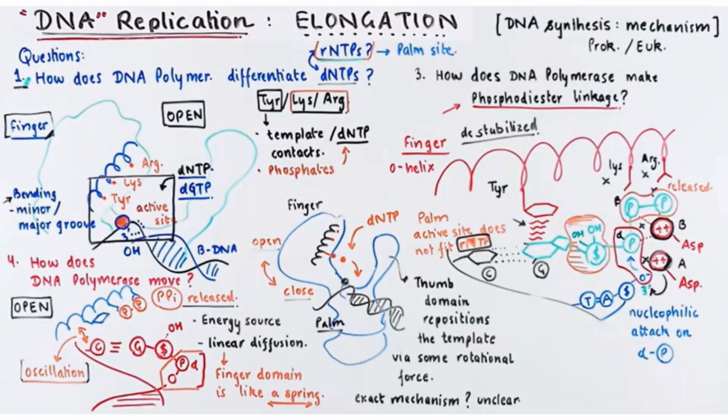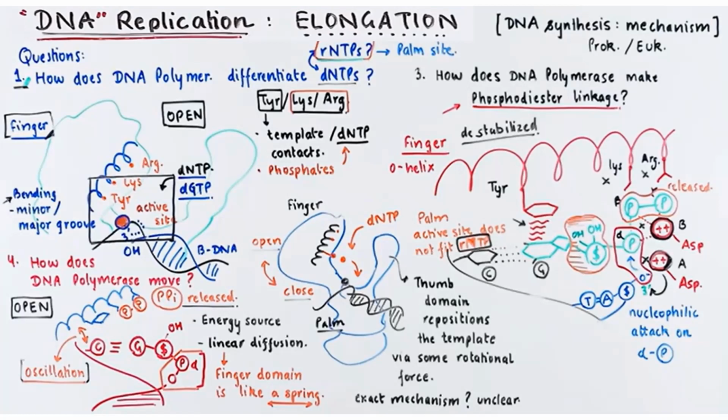So in the bigger picture, the finger acts like a spring, and when the DNTP binds, the finger domain closes, the configuration goes from open to closed, which leads to phosphodiester bond formation if the DNTP is correct. And after bond formation, the finger domain retracts back. So this movement or oscillation is similar to that of a spring, which forces the DNA polymerase to move one base at a time.